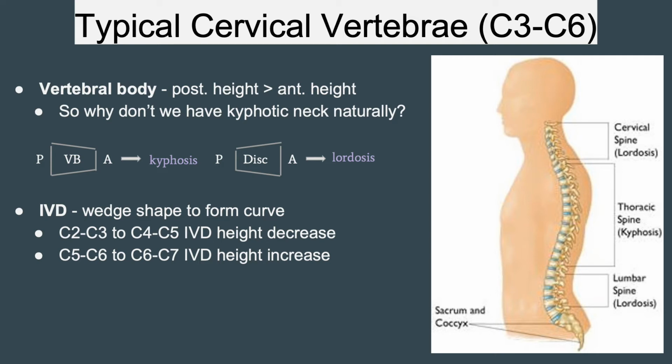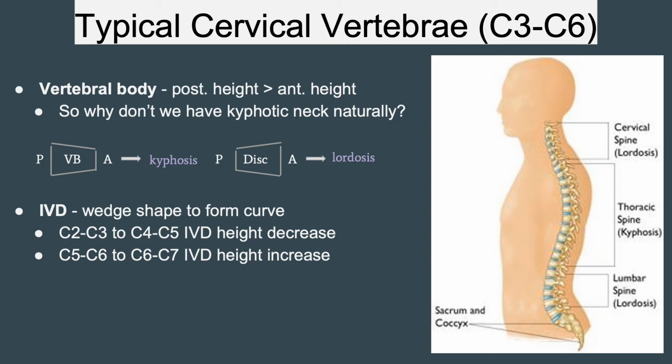So we know that that lordosis has to come to an apex and then kind of curve backwards. So that second point, knowing that the intervertebral discs are wedge-shaped, they form that curve, but know the regions. So C2 to C3 intervertebral disc to C4, C5, that height is going to decrease, and then lower down, that height increases. So that's going to help, again, with the lordotic curve.